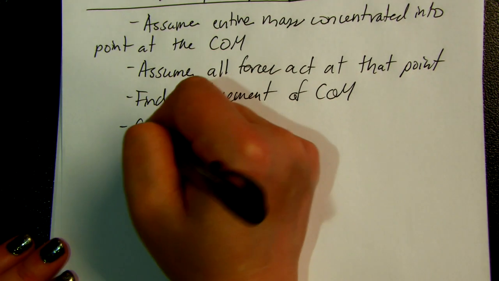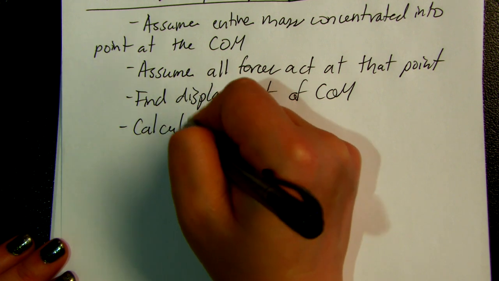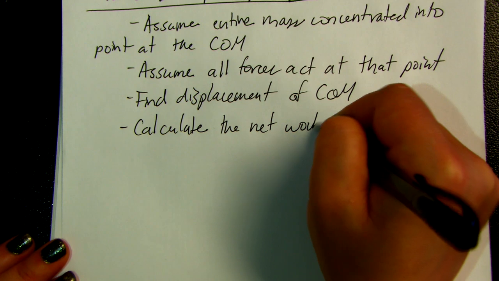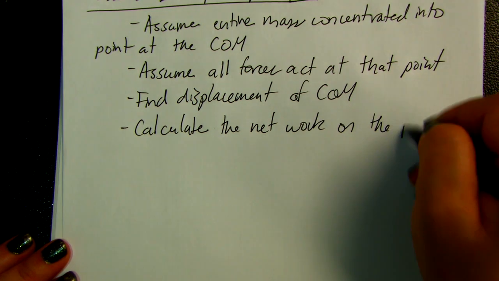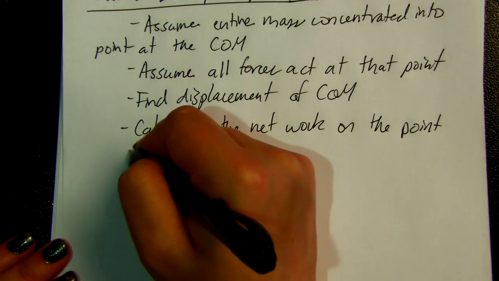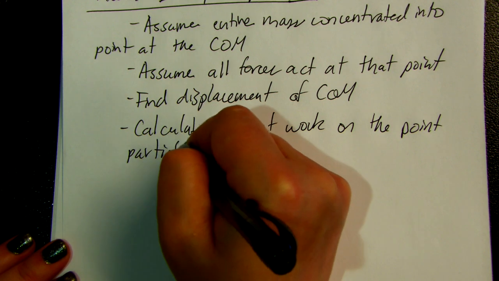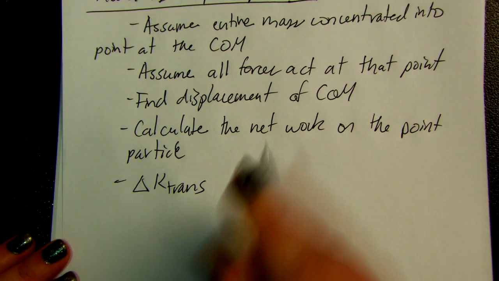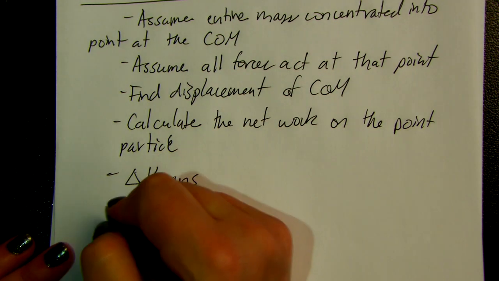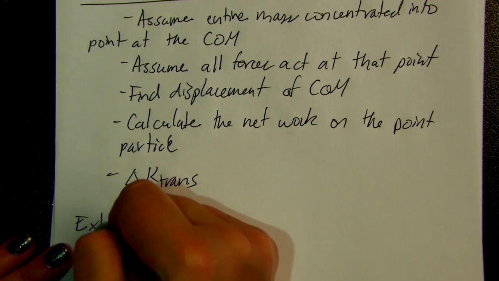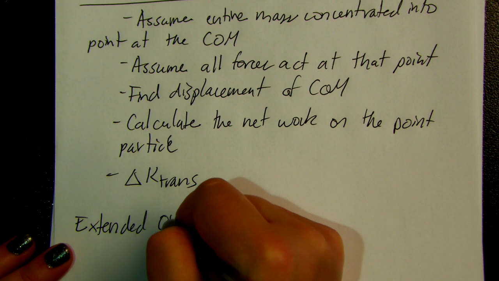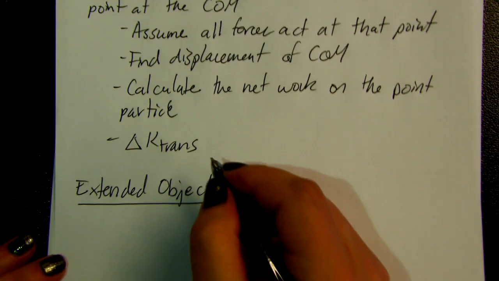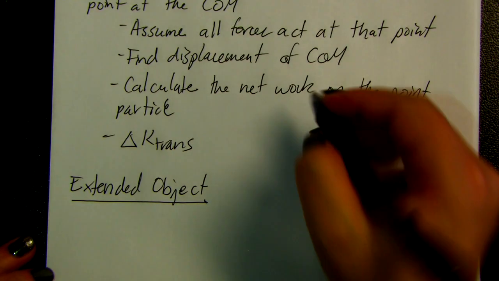Then you calculate the net work on the point particle and use that to find the change of translational kinetic energy. Then for the extended object, oh, and draw a diagram.